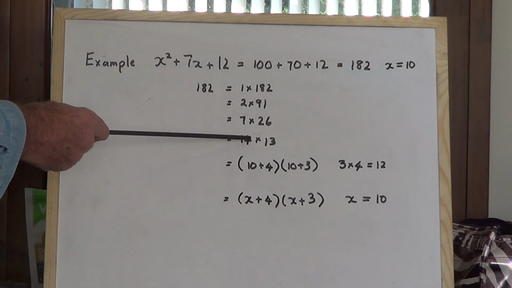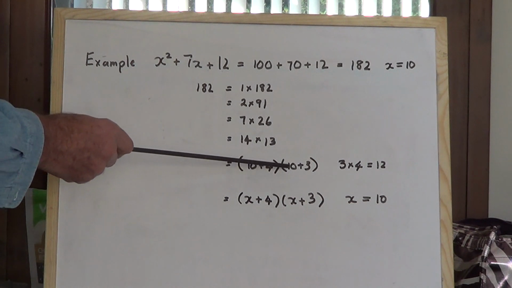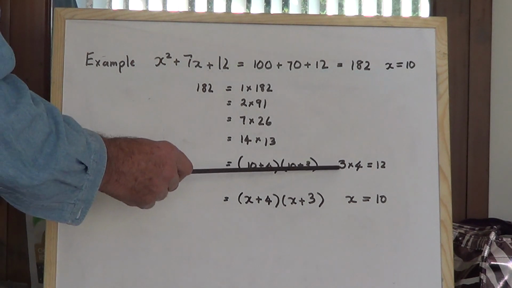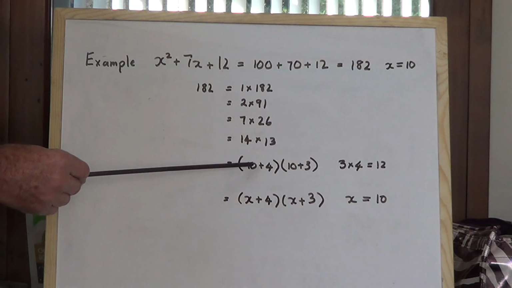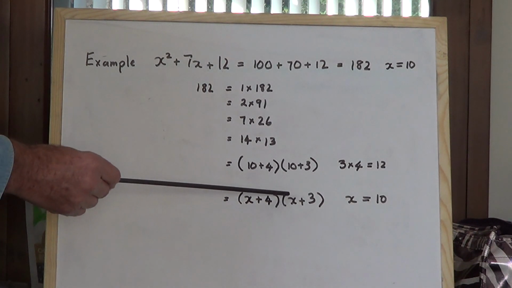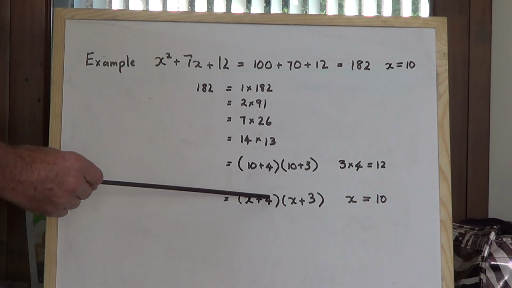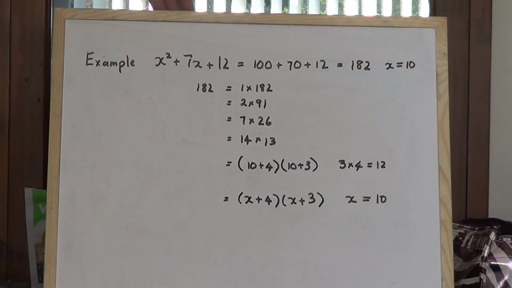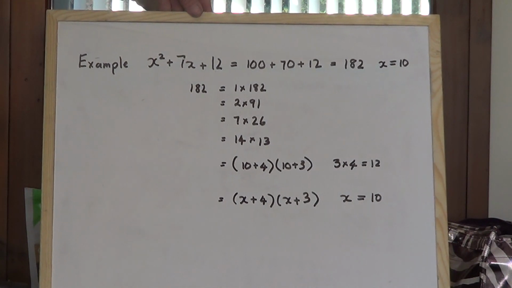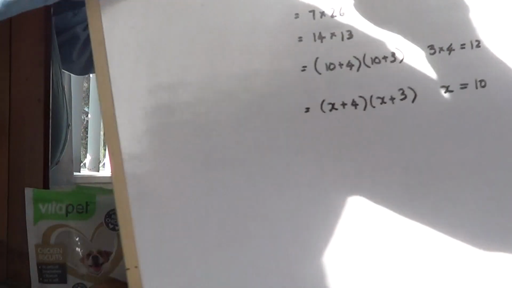So we'll use that one. So we've got 10 plus 4 and 10 plus 3. And 3 times 4 is 12, which is what we want. So we then go back and replace x by 10. And the answer is x plus 4, x plus 3, because that's that one done.